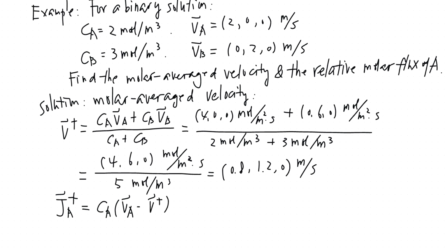So CA is 2 mole per meter cube, and VA minus V dagger is (2, 0, 0) meters per second minus (0.8, 1.2, 0) meters per second.